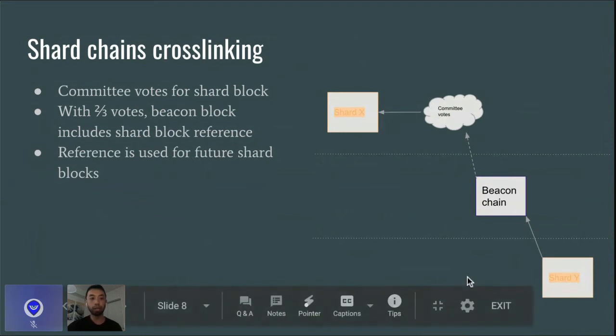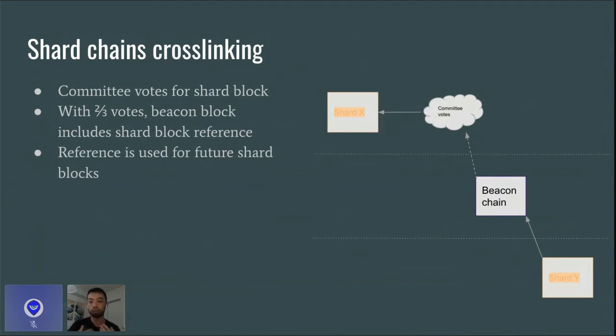So I'm going to quickly go through what cross-linking means in this context, because there's so much data in the shards for every single node to verify all of it. For example, in the current ETH1 main chain, every node verifies every transaction for every block. Comes sharding, and we can eliminate this assumption. A node only verifies the transactions that they get assigned to if you're a validator.